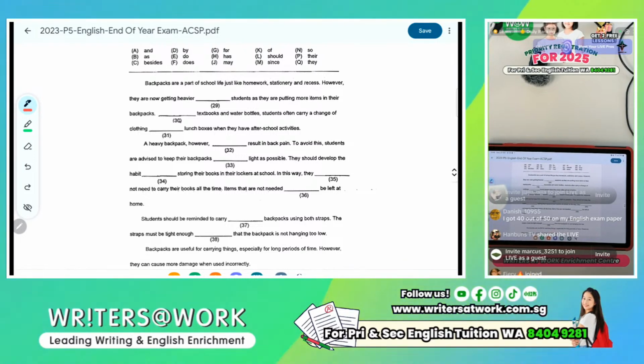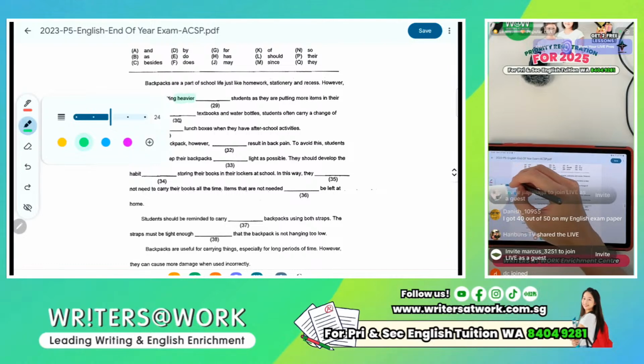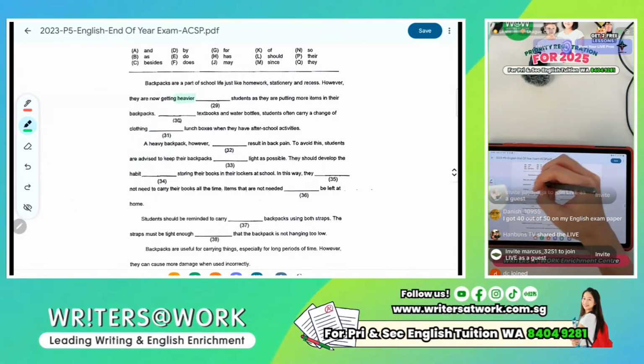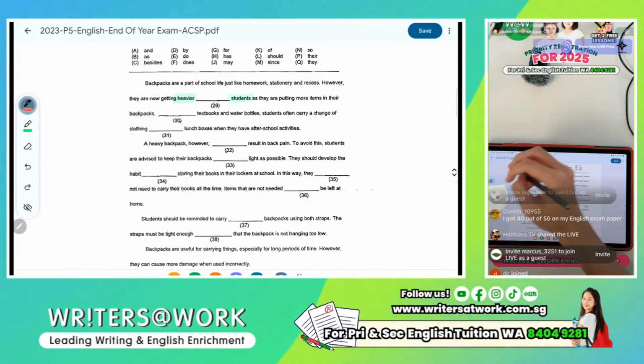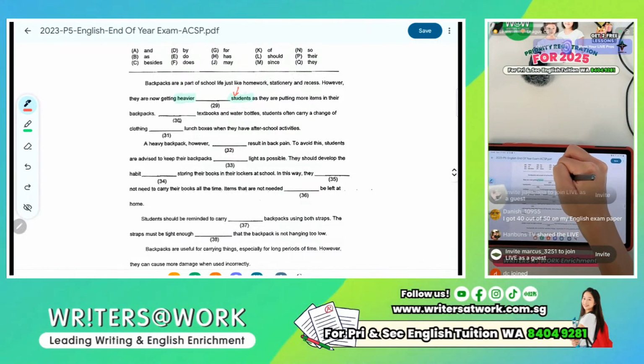So you can see here that your backpacks are getting heavier, and this will affect these people. These are my subjects that are affected. So when we want to show this elaboration on who is affected, we'll use G4. Okay, so this is my elaboration.